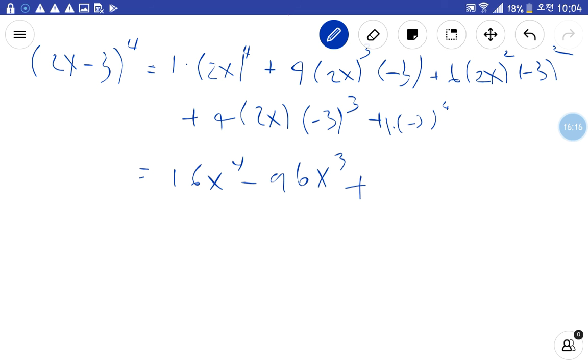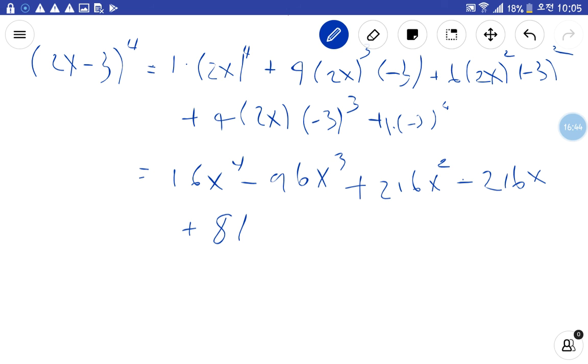And then 2 times 2 is 4, 4 times 6 is 24, times 9 would be 216x squared. Now for the next term, you have to subtract. Let me write it down here. Minus 216x, and then negative 3 to the 4th power, positive 81. That's your answer for A.